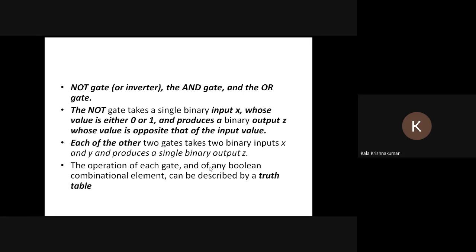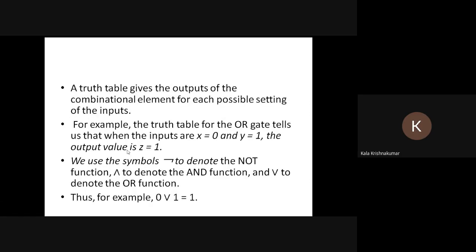The operation of each gate, and of any Boolean combinational element, can be described by a truth table. The truth table gives the outputs of the combinational element for each possible setting of the inputs. For example, the truth table for the OR gate tells us that when the inputs are x equal to 0 and y equal to 1, the output value is z equal to 1.